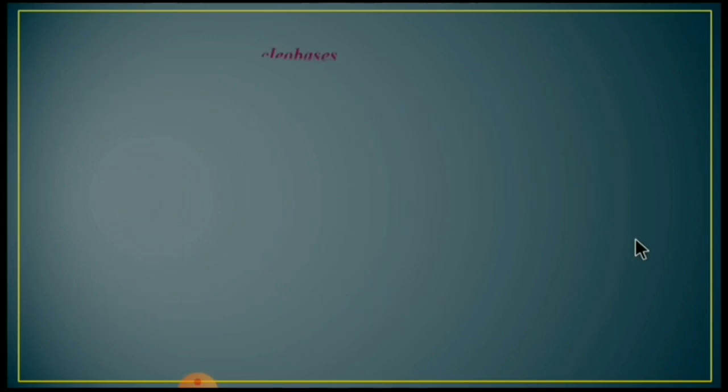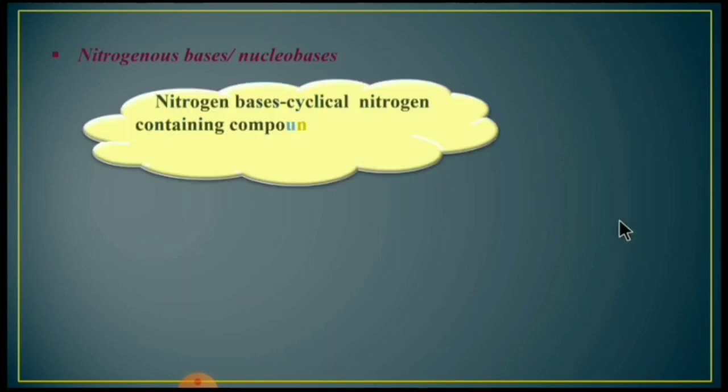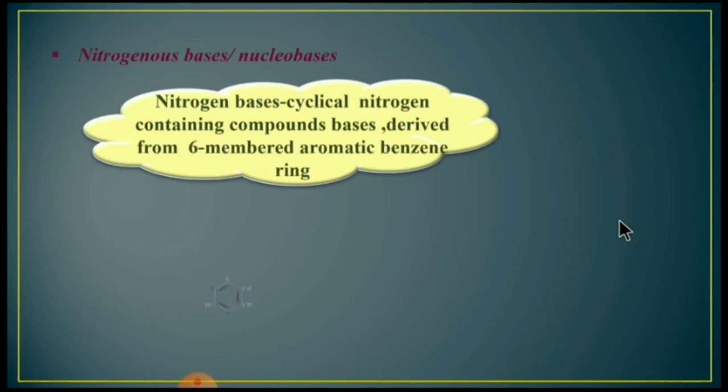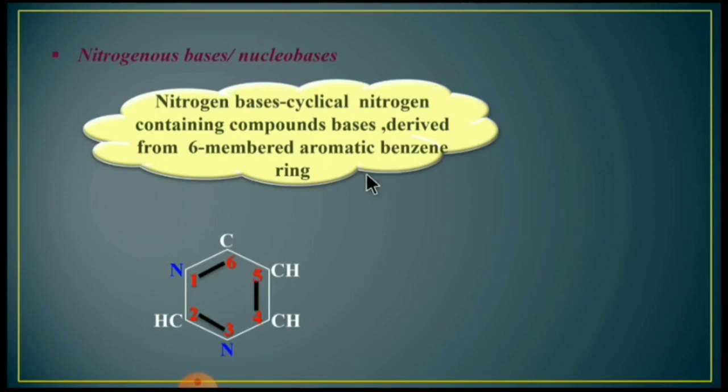We'll move to the third component, nitrogenous bases or nucleobases. The first question arises, what are these nitrogen bases? You already studied the benzene ring, with carbon and hydrogen atoms. When you talk about nitrogen bases, these are cyclical nitrogen containing compounds, and these bases are derived from the 6-membered aromatic benzene ring.